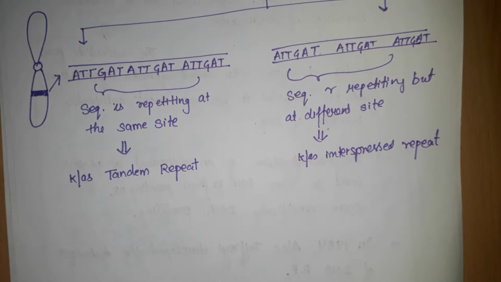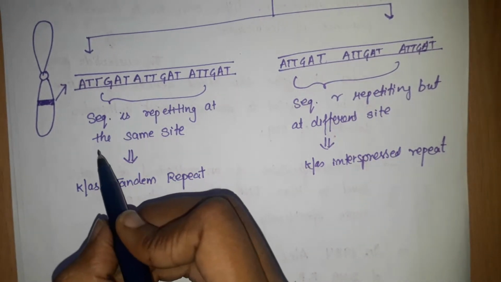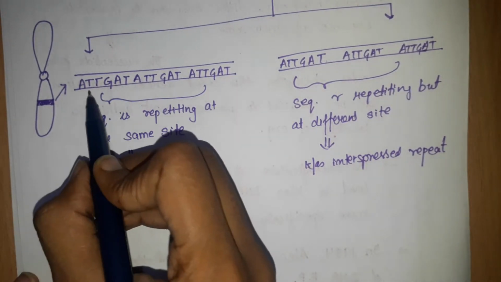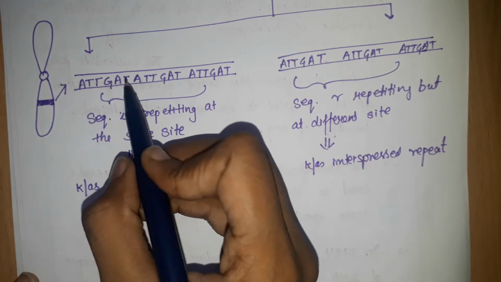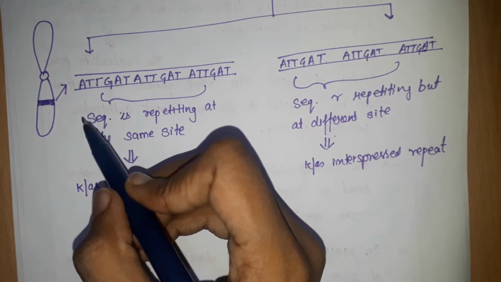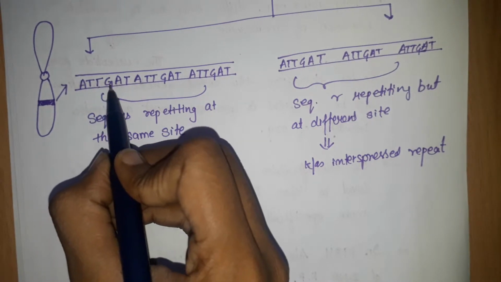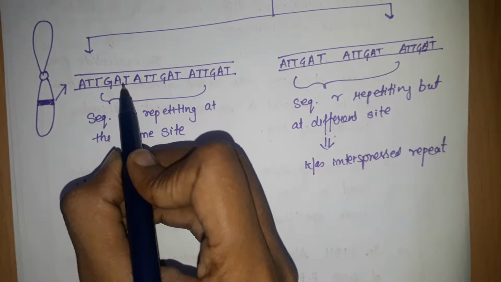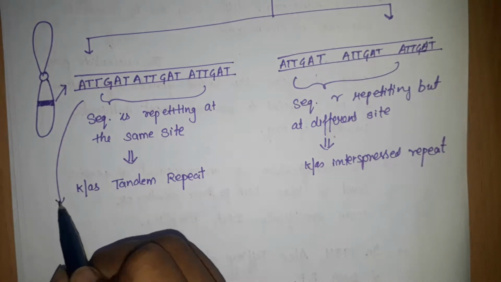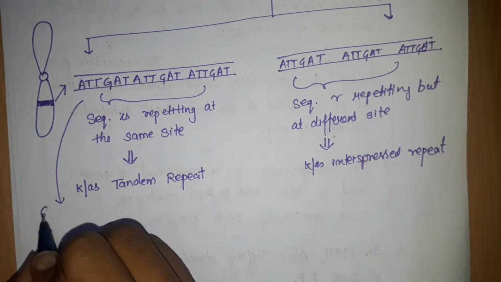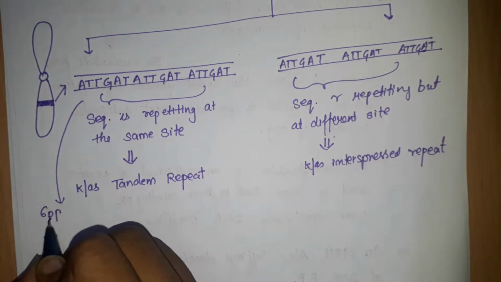Okay. Now here in the first one, this repeat is how many base pairs? Like 1, 2, 3, 4, 5 and 6. 6 base pairs.